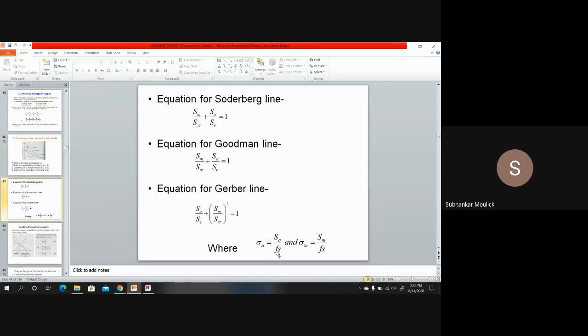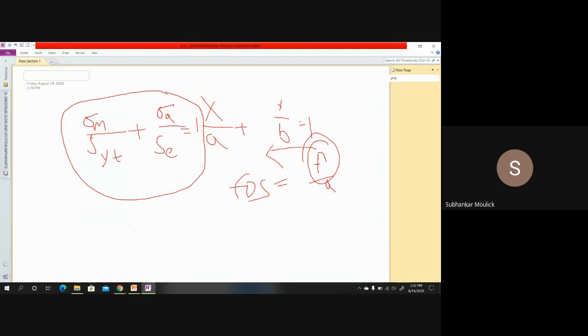Sigma A is SA by factor of safety. So in case of sigma A, you can replace it by SA by factor of safety, divided by SE.